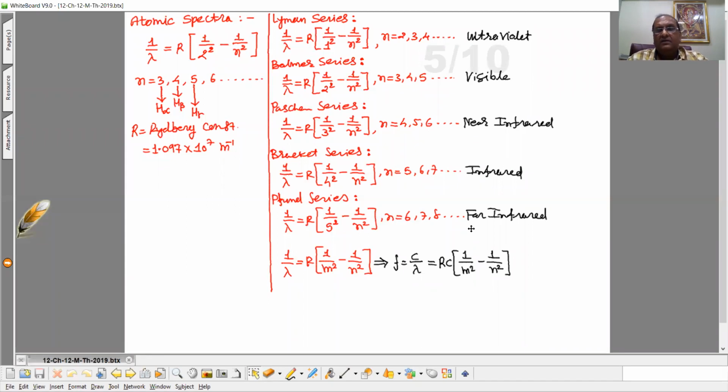But why is a line spectrum obtained? Why not a continuous one? And what about the stability of the atom? All these things it was not able to explain. So at this stage, Rutherford's atomic model failed.